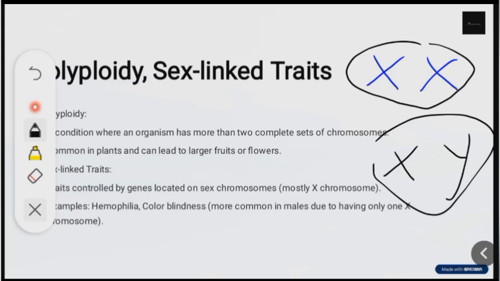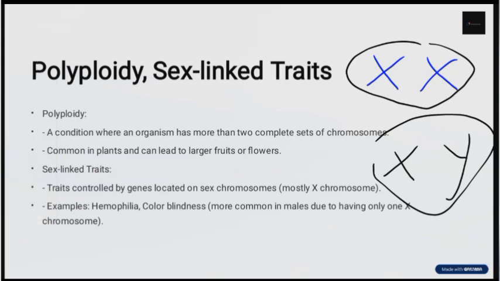Now, looking at this, some genes are okay. First of all, the X chromosome carries more genes than the Y chromosome. So the Y chromosome is smaller and carries fewer genes. It means that some genes located on the X chromosome are not found on the Y chromosome. I hope I'm not going too advanced. I'm trying to make you understand without going too deep.